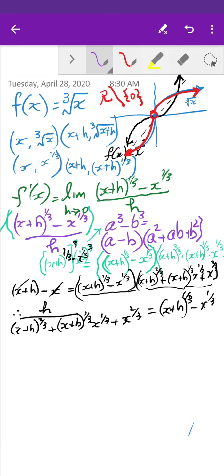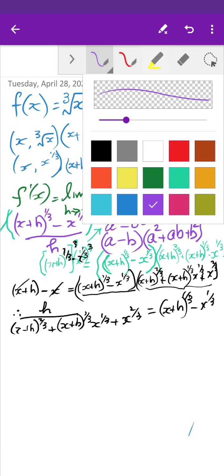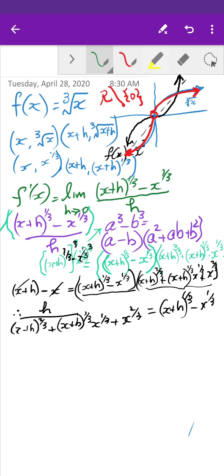Actually, we've got the green formula. So let's continue with equals the limit as h approaches 0 up here.